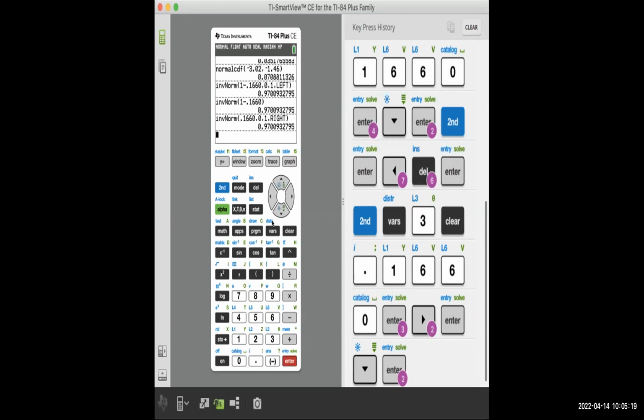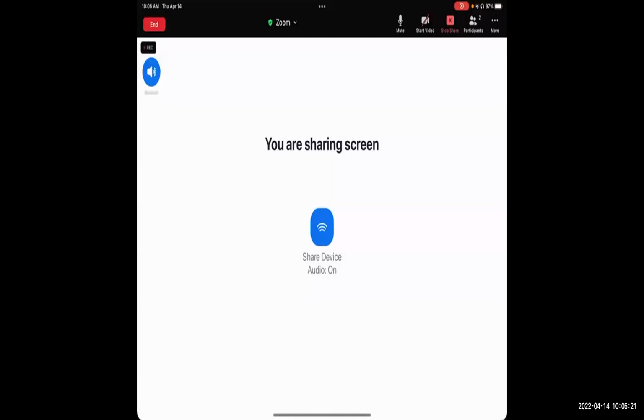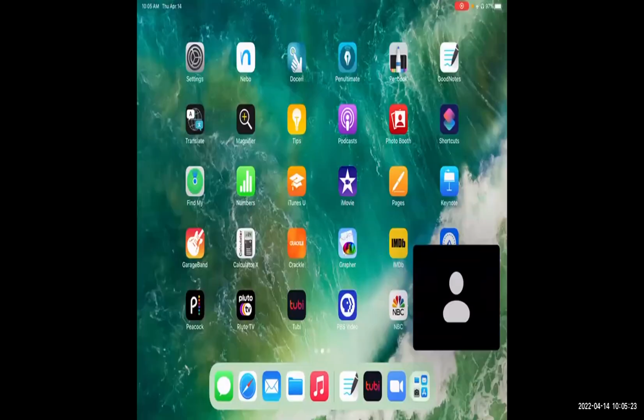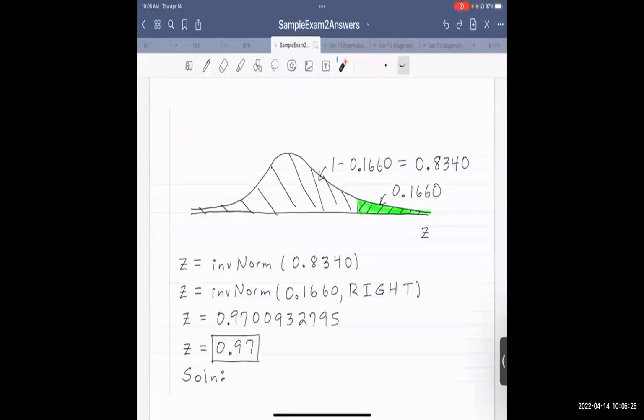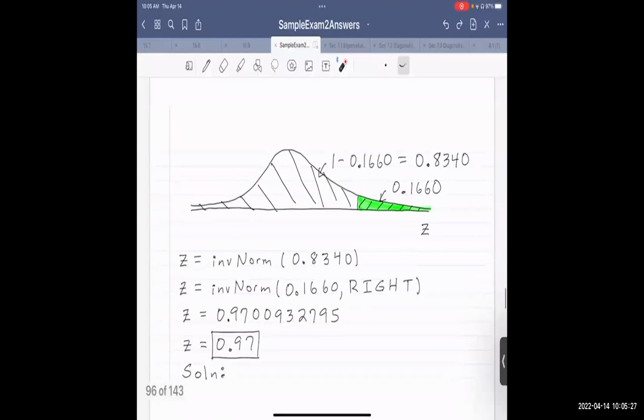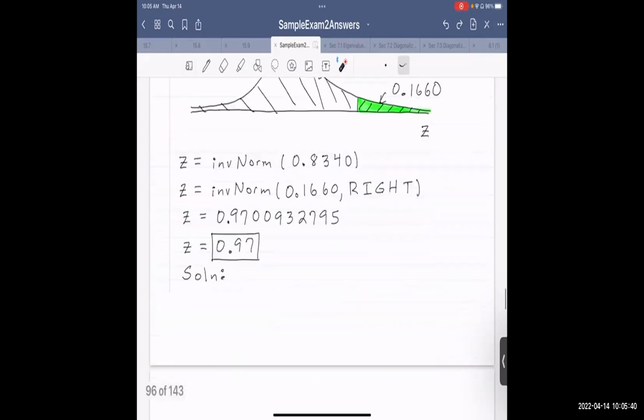It really doesn't matter which one I did. So let me write these out: 0.9709932795, which I'll round to the nearest hundredth as 0.97.